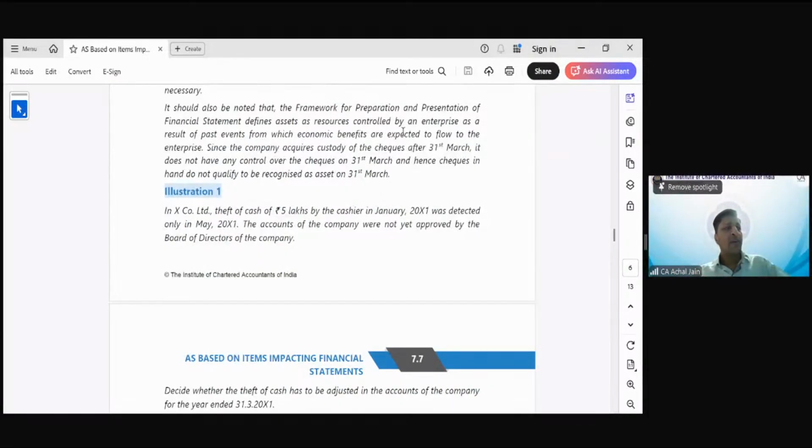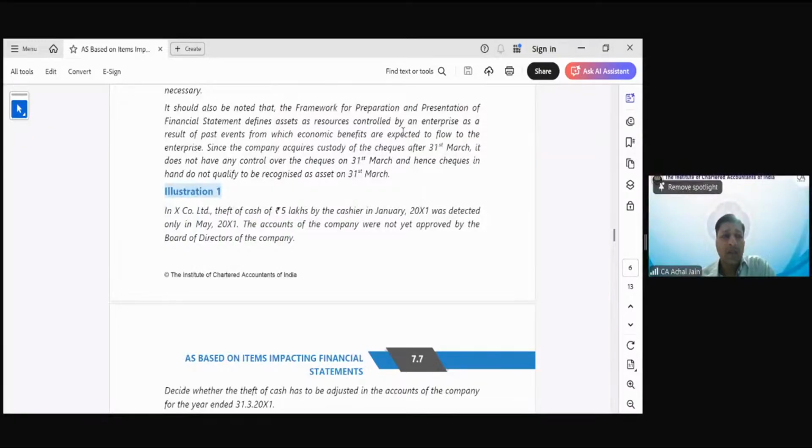Sir, my query is, when a check will be credited to the company account after 31st March? Okay, you're talking about the previous example in respect of checks in hand? Right, sir. So you'll record them when the company receives them.